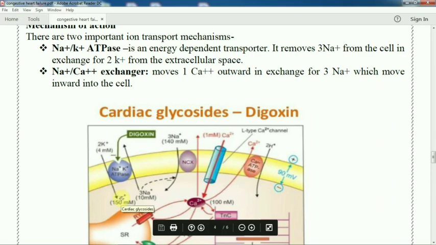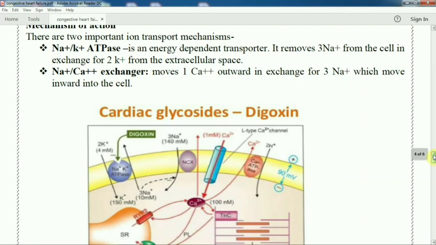It exchanges with the help of sodium potassium ATPase, which is used as a transporter. Similarly, the sodium calcium exchanger moves 1 calcium outward in exchange for 3 sodium, which move inward into the cell. 3 sodium and 1 calcium. So this is the sodium calcium exchanger.